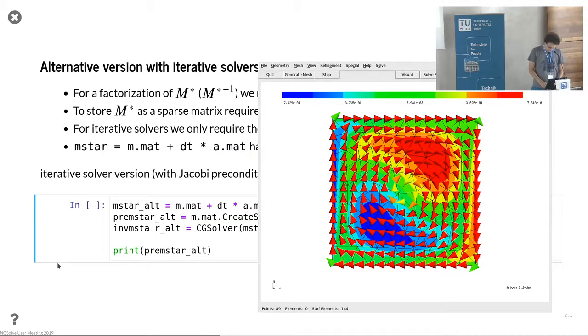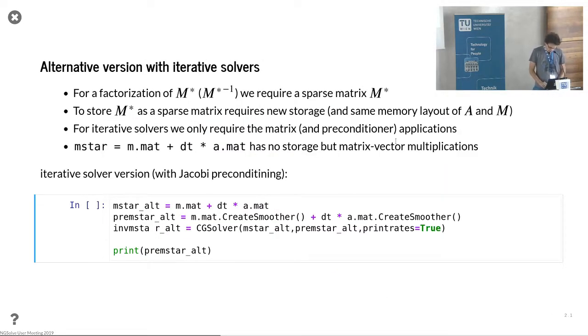Okay, so as we already learned we can also work with base matrices and iterative solvers. So you could also think about not really creating a sparse matrix with new storage and new values for this M star matrix, but just defining essentially the matrix through its operation.